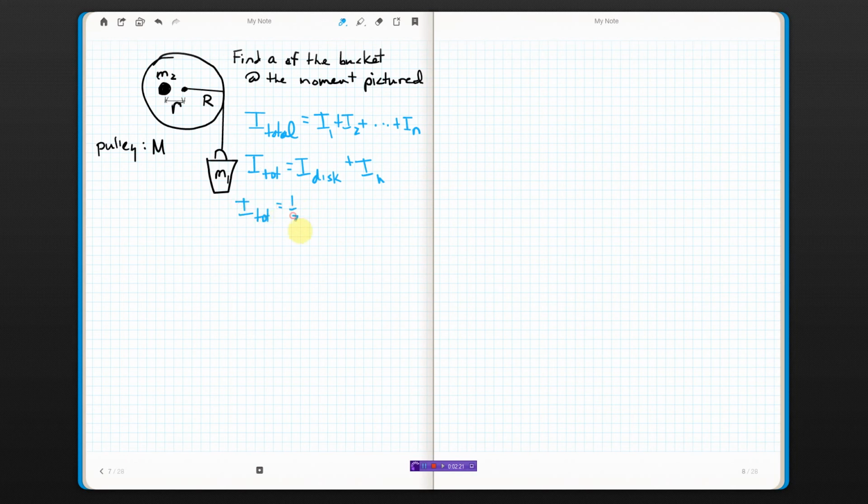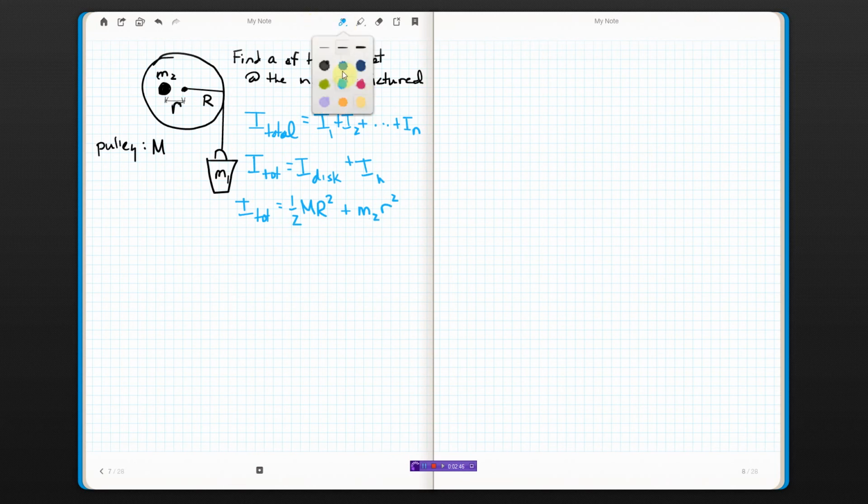A disk is 1/2 mass of the disk, radius of the disk squared, and the handle, I shouldn't, but we're going to pretend that that's a point mass. So the moment of inertia of a point is mr squared. In this case, the mass of the point is m2, and that point is at a radius of little r. So like this, okay?